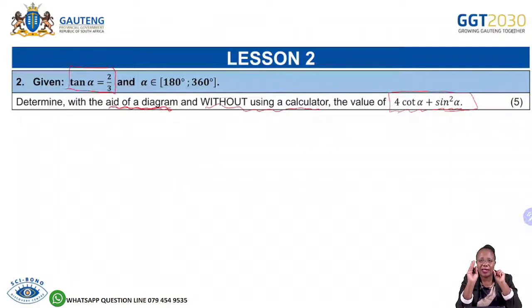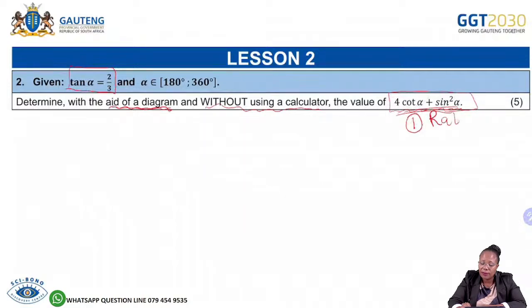Step number 3, identify in which quadrant you will be working with the diagram. And then you go to Pythagoras and find the unknown. It's only then that you can answer this. So number 1, you look at the ratio given. Number 2, you identify the quadrant.